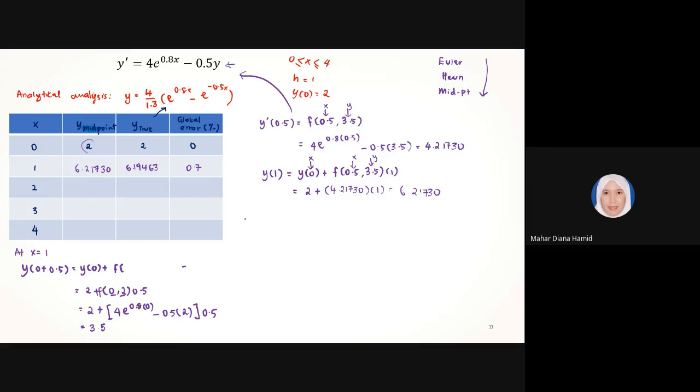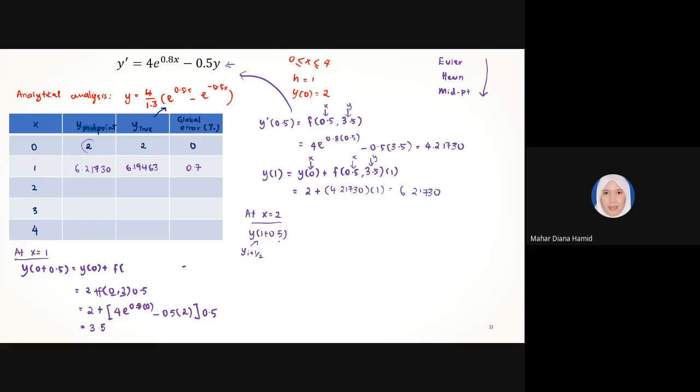So this is x equals to 1. So at x equals to 2, I'm just going to do this straightforward. So this actually corresponds to y subscript i plus half.